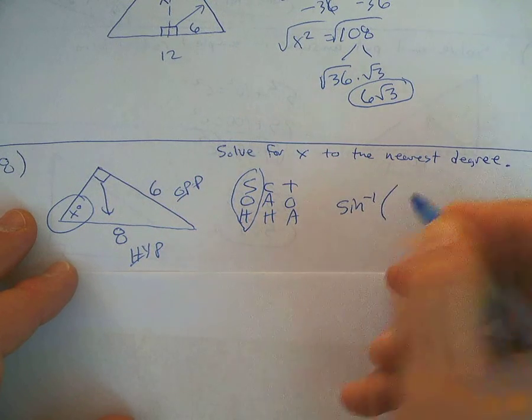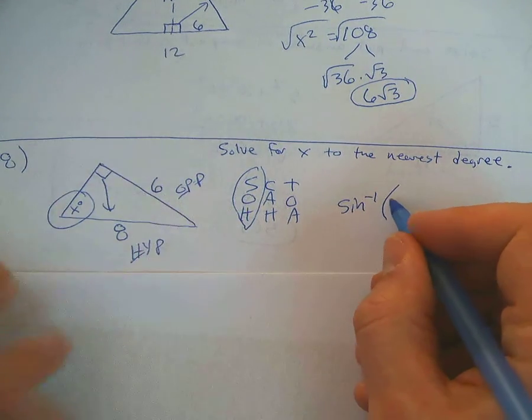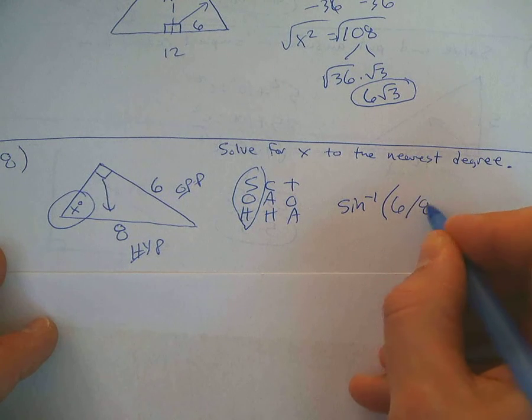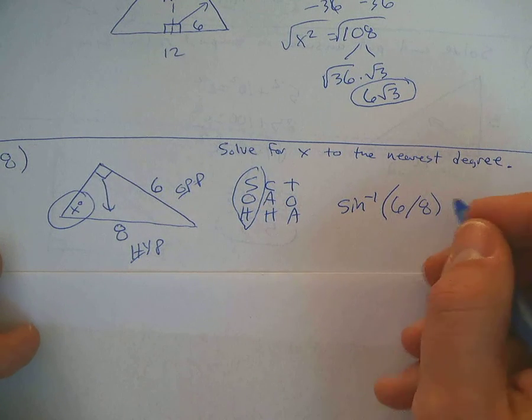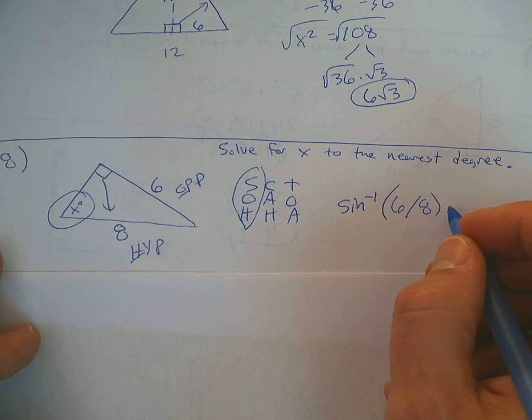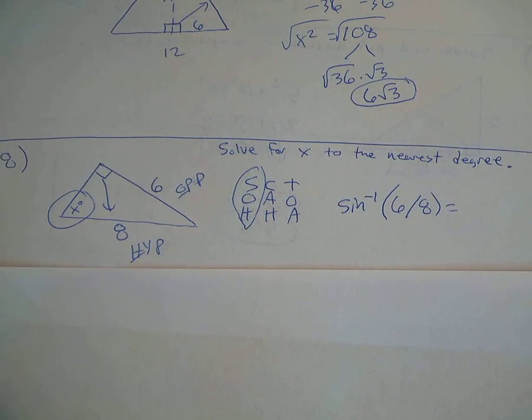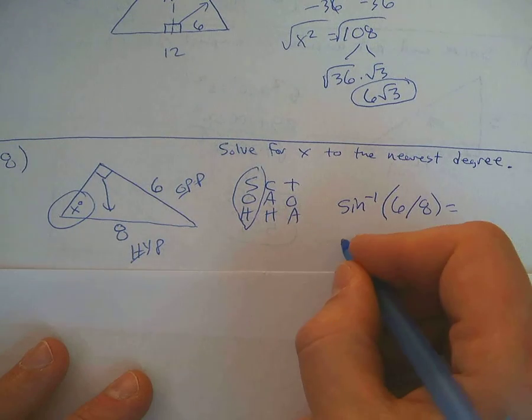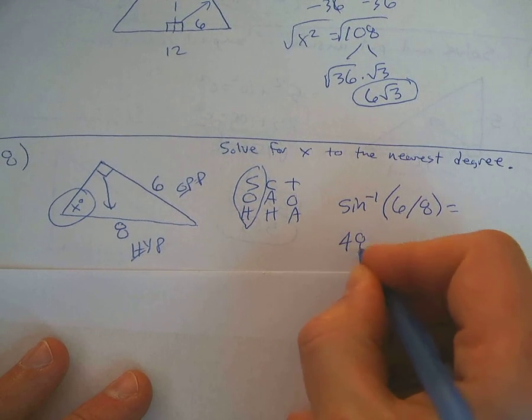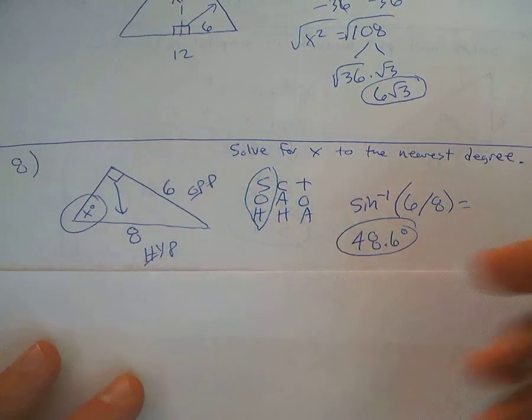So inverse sine of O over H, 6 divided by 8. Make sure you're in degree mode, and make sure the order matters. So I take the inverse sine of 6 divided by 8, and I get approximately 48.6 degrees.